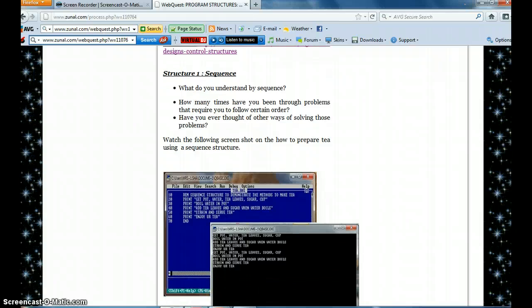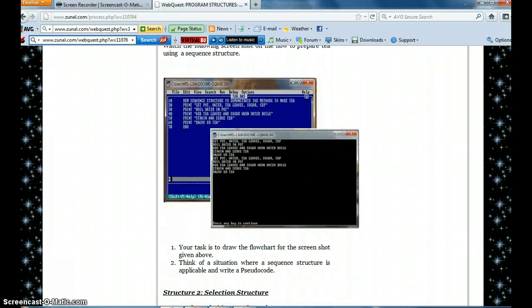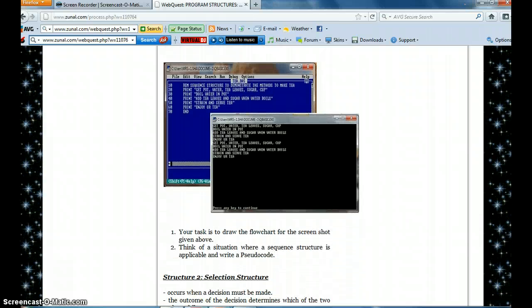The screenshot is on how to prepare tea using a sequence structure, where a line is following another statement, so it is a simple one, and based on that screenshot they have to create a flowchart, and they have to think of a situation where a sequence structure is applicable and write a pseudocode. For example, what they do when they wake up or when they are coming to school.